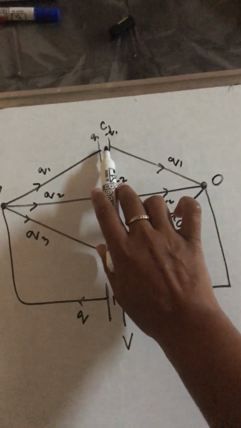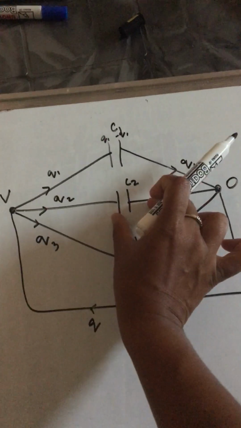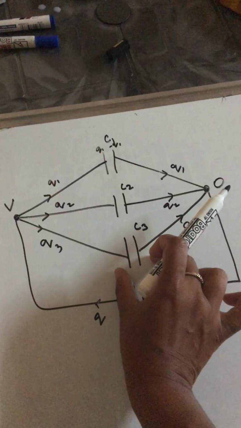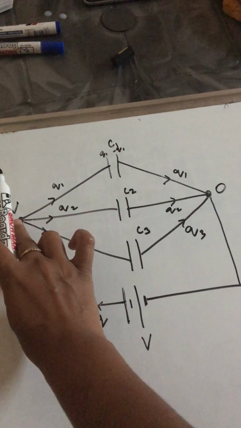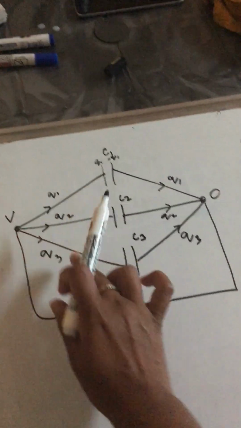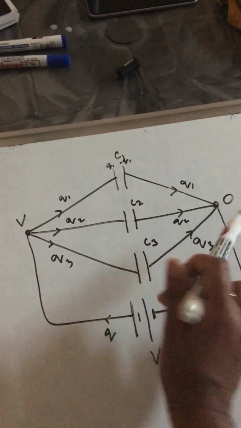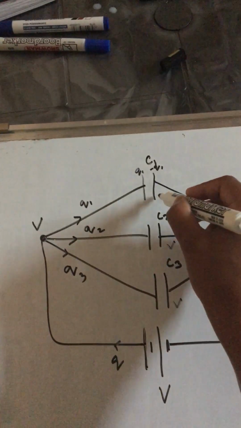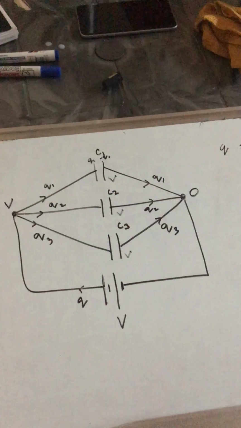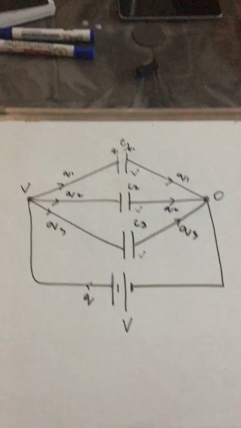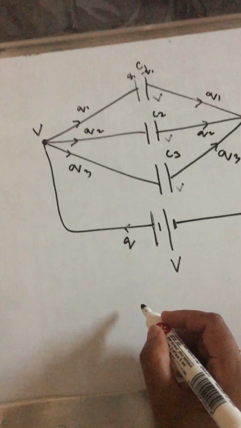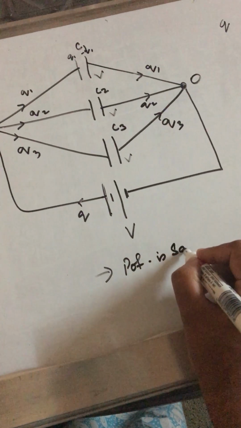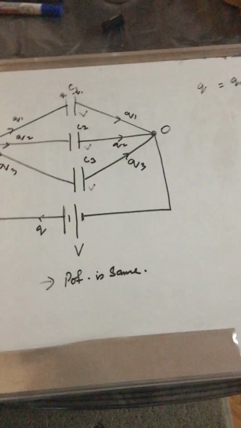That means C1 has the same potential, C2 has the same potential, and C3 also, because each is in between V and 0. The potential here is V, here V, here V. So in parallel, keep in your mind, the potential is the same. I have given you this in notes, so I'm not going to explain it much.